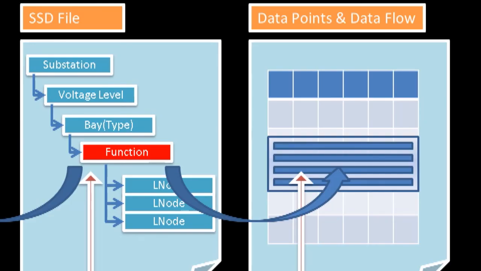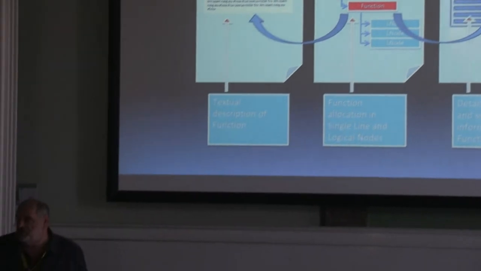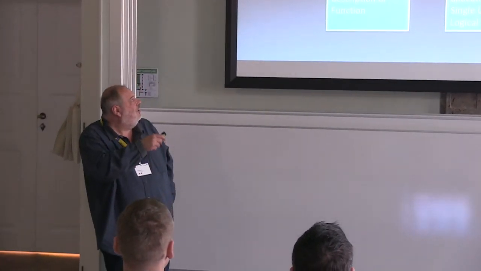In the workshop tomorrow, you will see how we combine the functional approach here with the engineering of the HMI, for instance. So function can be related to information about data points and data flow, and based on this, HMI and gateway can be configured so we have data related to the engineering, which is not represented in 6150, but which is allocated to 6150 by the means of these functions.